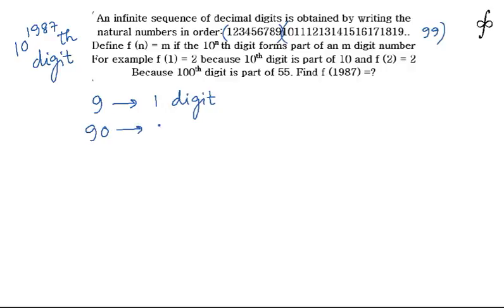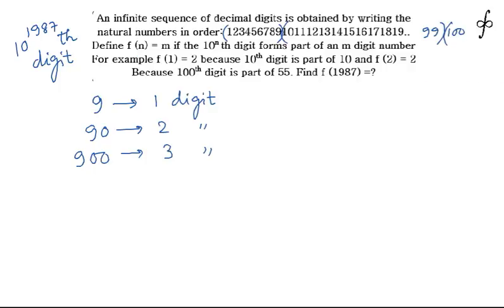Then from 100 up to 999, 900 numbers are 3-digit numbers. So we get a pattern: 9 numbers of 1 digit, 90 numbers of 2 digits, 900 numbers of 3 digits.